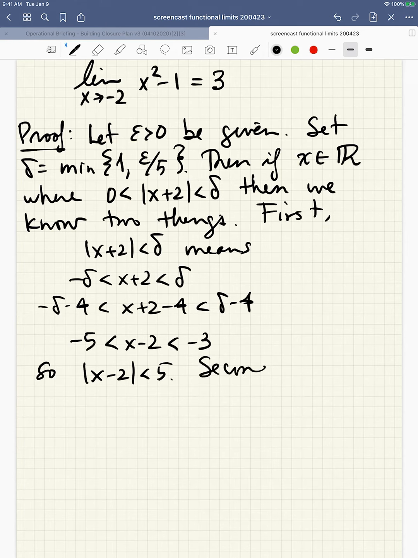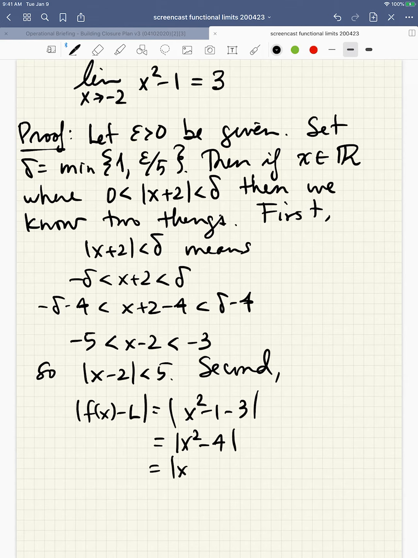Second, f of x minus L, in this case, is x squared minus 1 minus 3, which is x squared minus 4, which is absolute value of x minus 2 times absolute value of x plus 2. But we know absolute value of x minus 2 is less than 5 from the above, and we know absolute value of x plus 2 is less than delta.